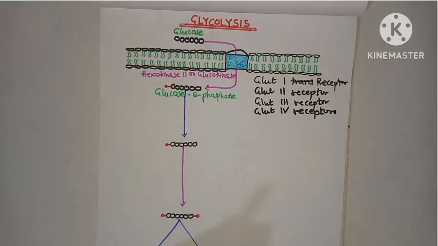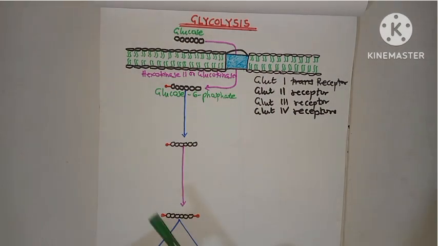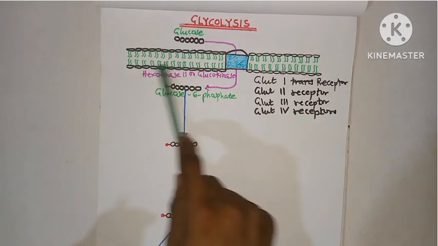Hexokinase can be found in different types of tissues, like the muscles and some other tissues. Glucokinase is only needed when it has to do with the liver. So apart from the liver, all the other tissues, it is catalyzed by hexokinase enzyme.